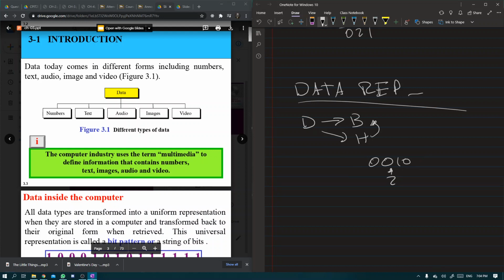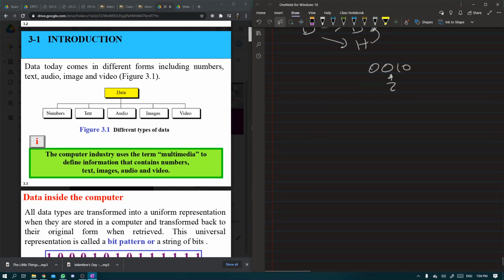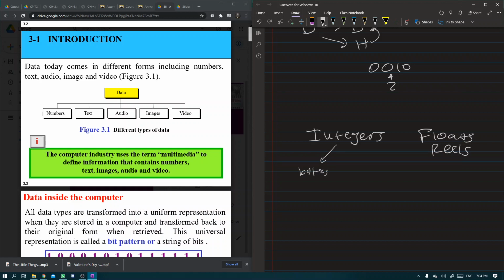So that is representing numbers, and there are two categories of numbers: whole numbers, integers, and floats or reals. Now integers could be bytes and shorts, but you don't really use shorts in modern programming.